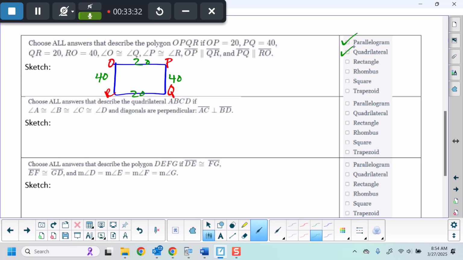Go ahead, Caroline. Wouldn't it be a rectangle? They didn't tell me anything about the angles. Because OP and QR are parallel, and PQ and RO are parallel, but there's nothing that would keep me from drawing this shape like this.